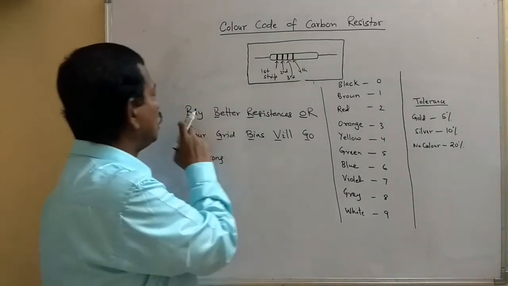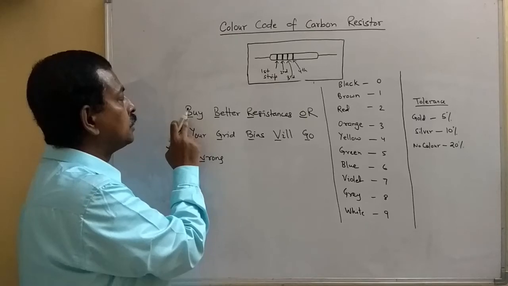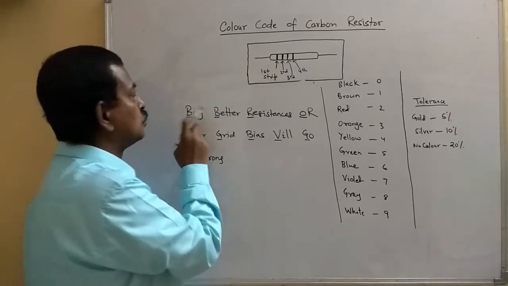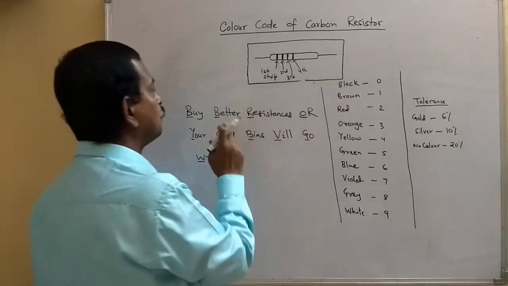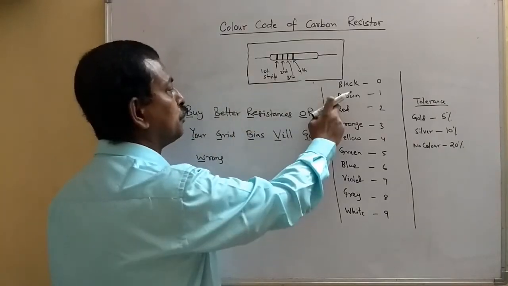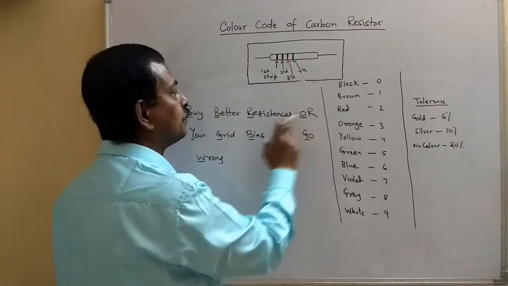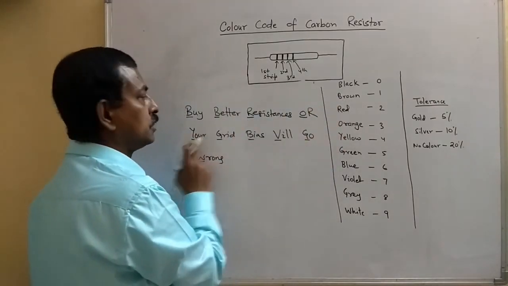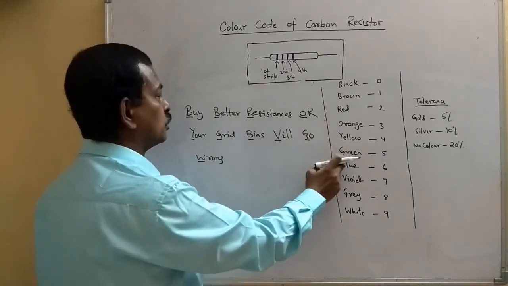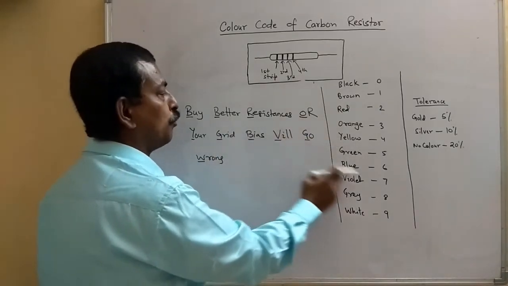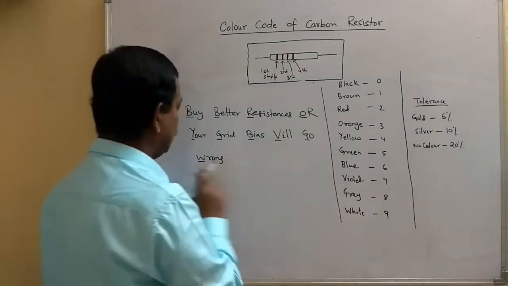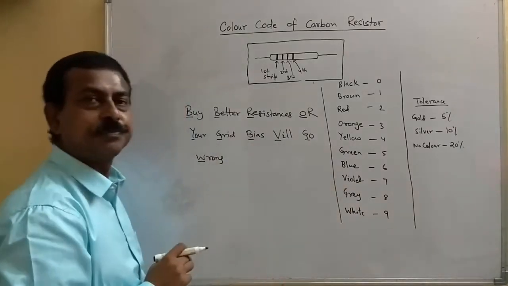Now you see, it is Buy, so it is B, for black. This B is for brown, this is for red, this is for orange, then yellow, then green, blue, violet, gray and white.